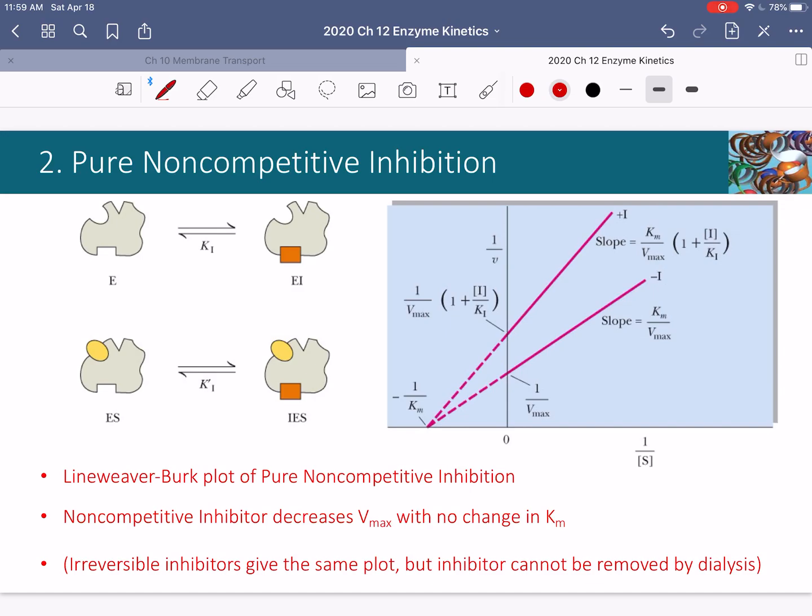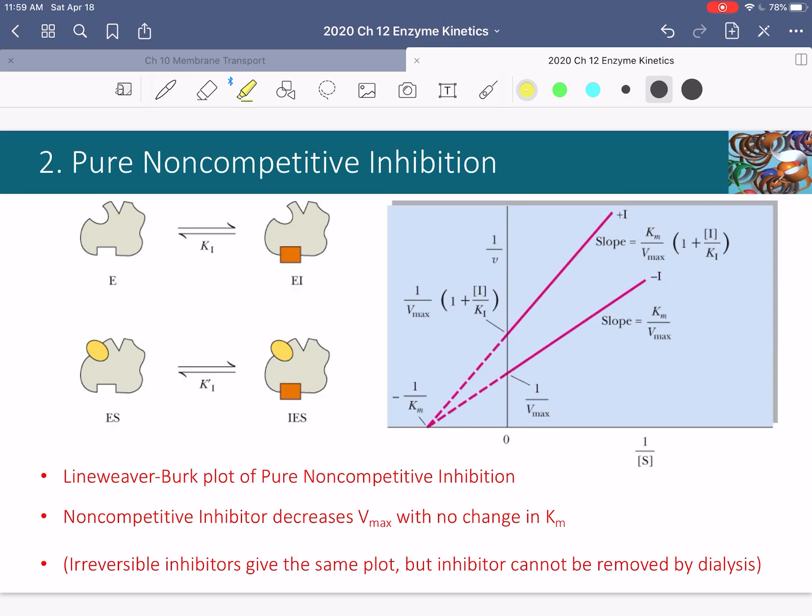The first of those is pure non-competitive inhibition. Pure non-competitive inhibition has very classic Michaelis-Menten kinetics in the absence of the inhibitor compared to in the presence of the inhibitor. So we're looking at a Michaelis-Menten plot converted by double reciprocal manipulation into the Lineweaver-Burk plot.